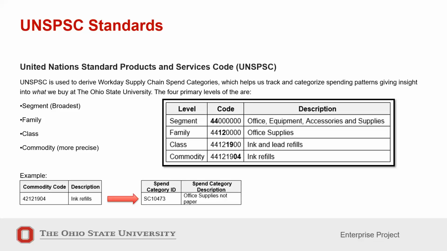We don't expect everyone to know the UNSPSC table, but this is how we would be able to find out if you're purchasing something, what spend category that item actually falls in. And this structure really allows procurement to do a lot of analysis on what we're purchasing, and it works across all companies and even comparing us to other institutions or companies.